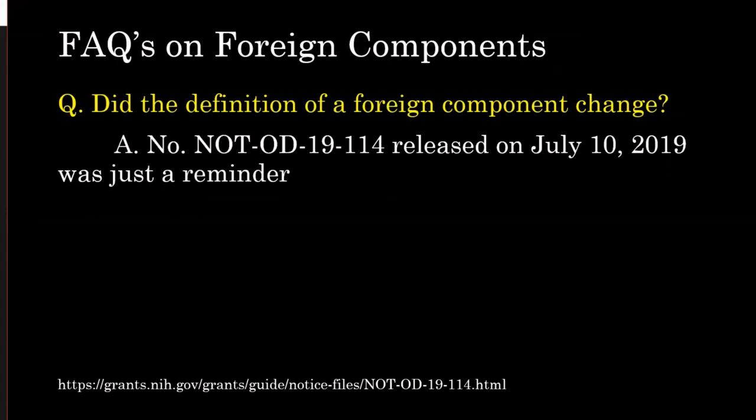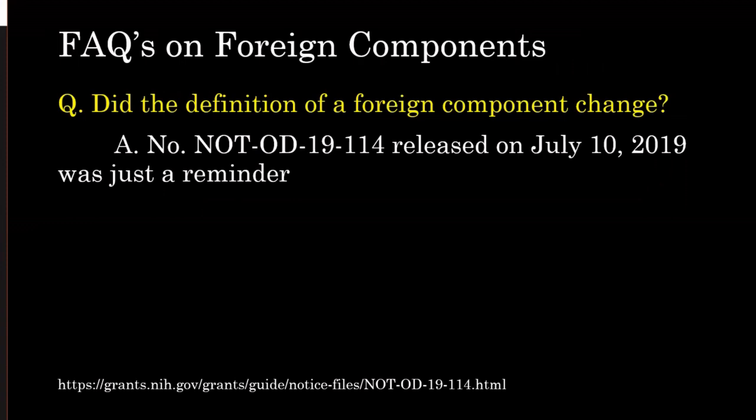Did the definition of a foreign component change? No, it was re-released in July 2019, and it was just a reminder. This policy has been the policy for well over 15 years. NIH thought everybody was disclosing all when they said all, but in fact the application instructions said to disclose those that are relevant for this project.